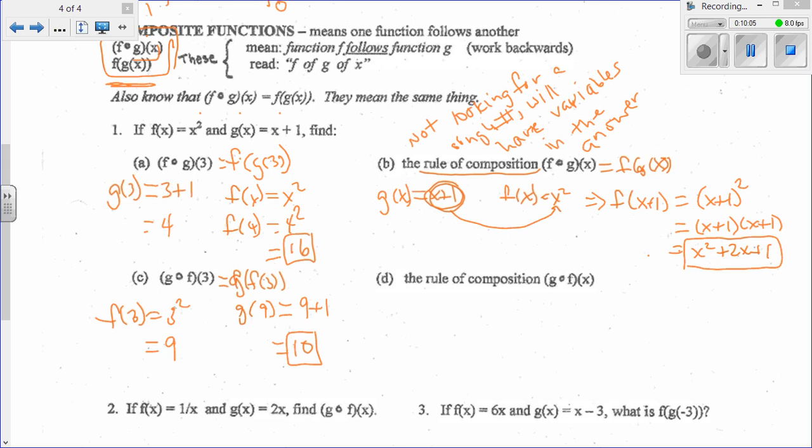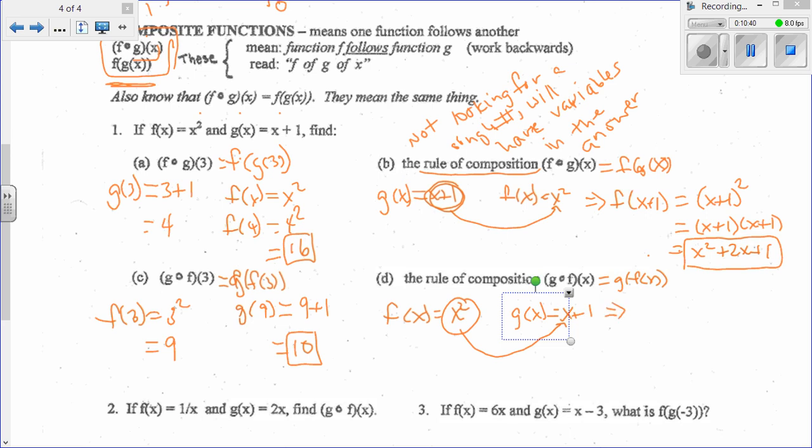Okay, for D, for the rule of composition, this is g of f of x. So I'm going to take f of x first, and f of x is equal to x squared. And then I'm going to take g of x, which is equal to x plus 1, and I'm going to take x squared and put it right in place of x.